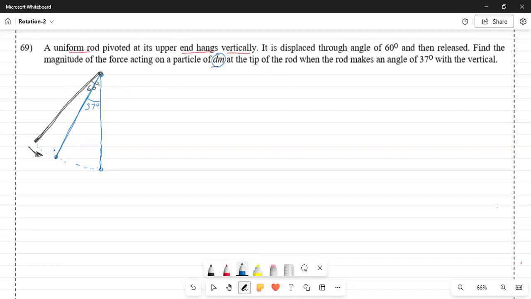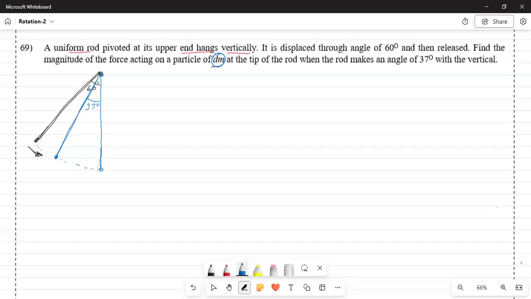Now here, I want to give a caution to you that the paper setter who set this question has mentioned dm. That means he is considering the differential calculus method, an infinitely small particle, but the particle really does not exist there.